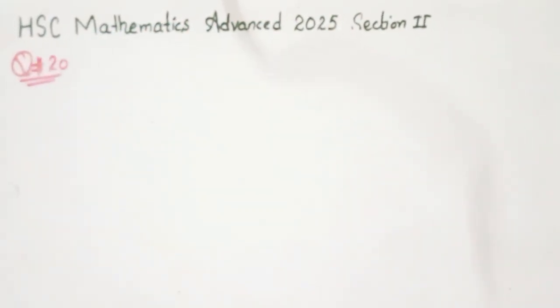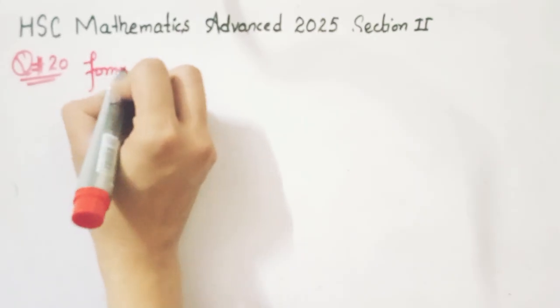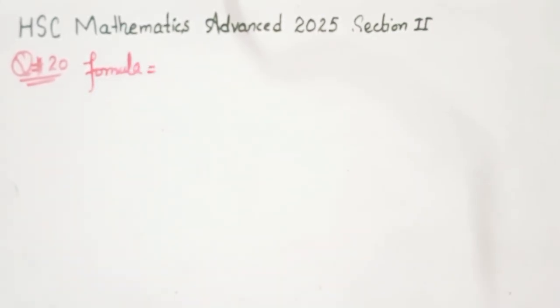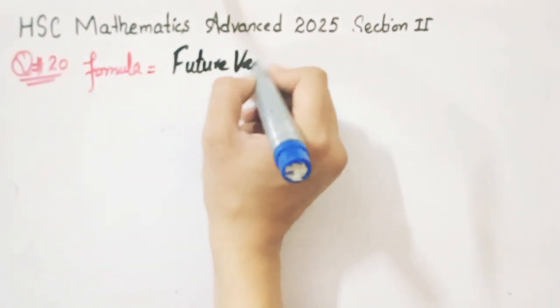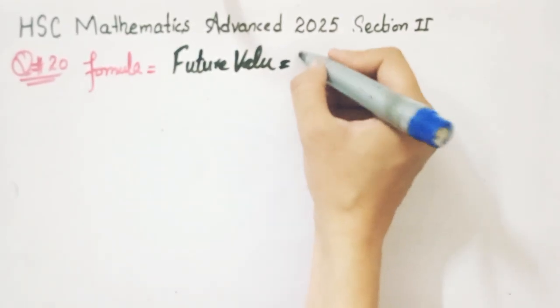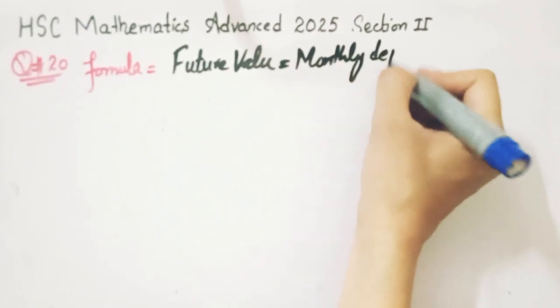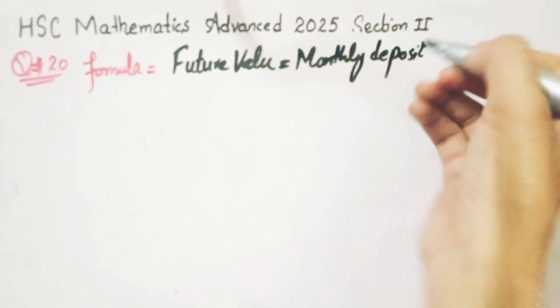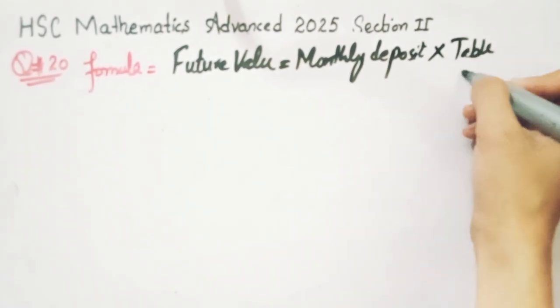Now in the question, it says you have to calculate the monthly deposit. So how will we solve this? The formula for monthly deposit is: future value equals monthly deposit times table factor.